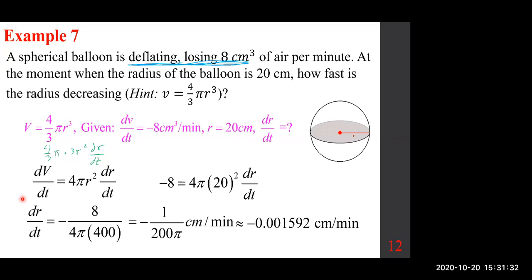As far as the simplification is concerned, 4 goes away and 8 becomes 2. 2 changes to 1. 400 changes to 200. And this is your precise answer: -1/200 pi centimeters per minute. Then you can write the approximation also in case.